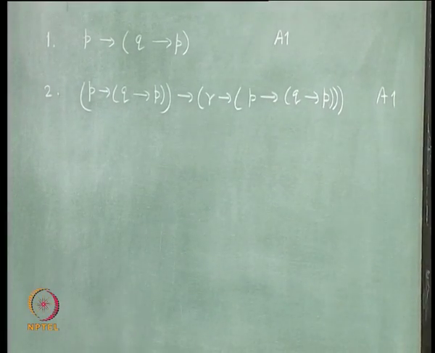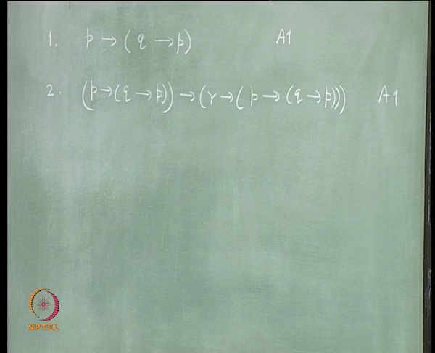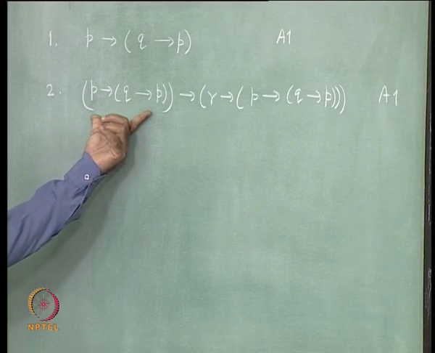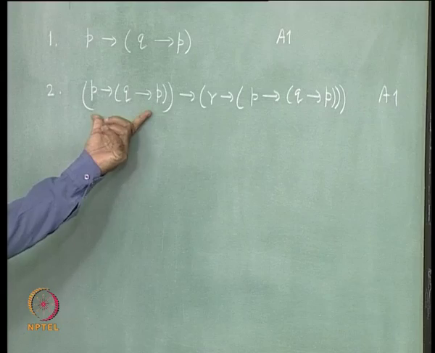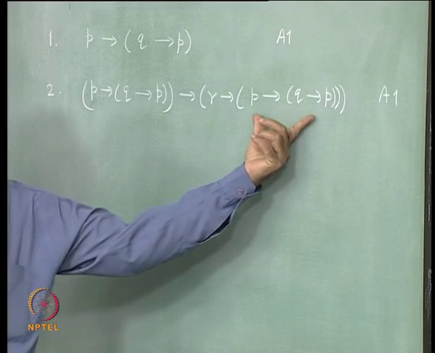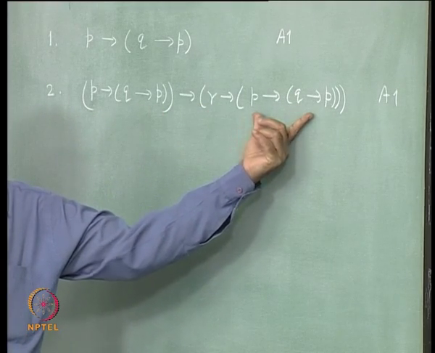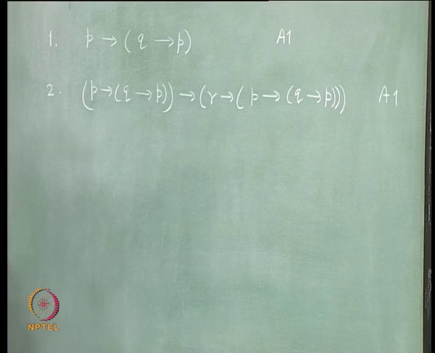This is also axiom 1. Is it okay? Yeah, I have this as A, this as B, this as A. So A implies (B implies A). This is also axiom 1.